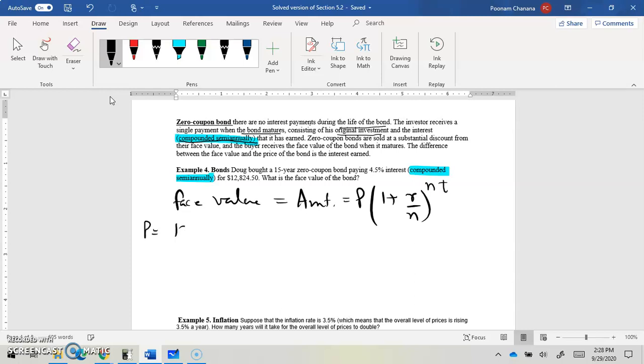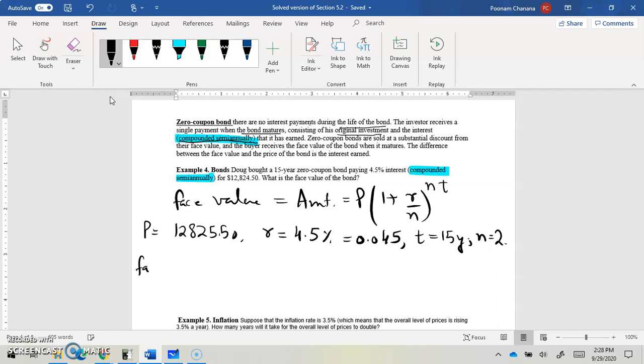The present value is 12,824.50. Interest rate is given to be 4.5%. That will be in decimal 0.045. Then we have time is 15 years, and because the compounding is done semi-annually, n is 2.